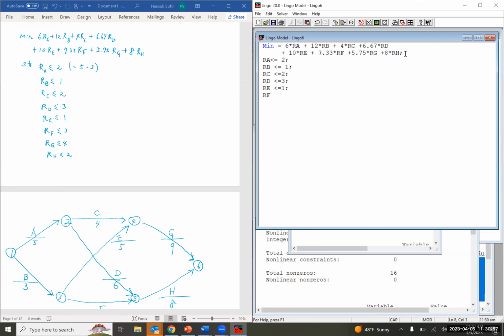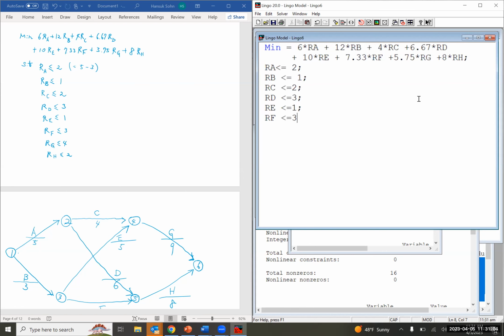RF less than or equal to 3. And RG less than or equal to 4. RH less than or equal to 2. Okay.